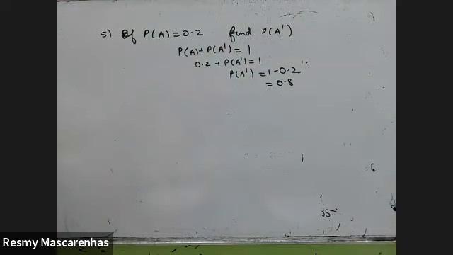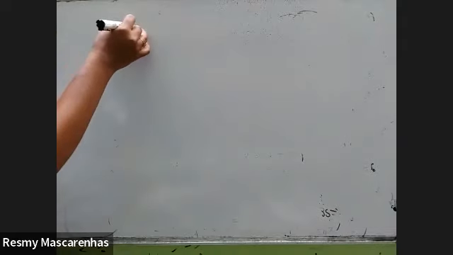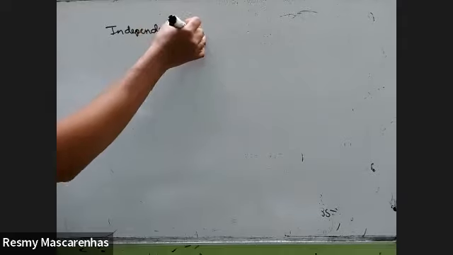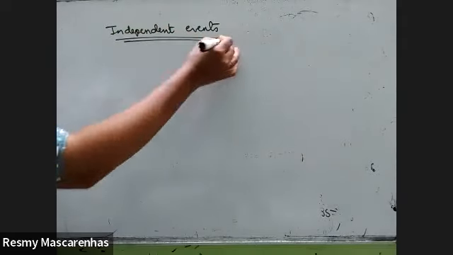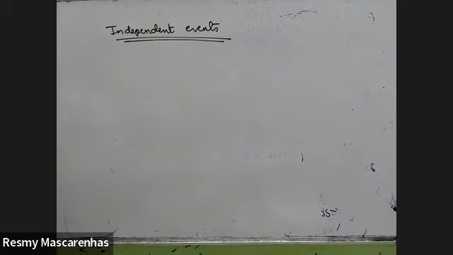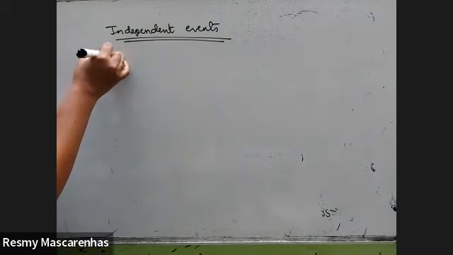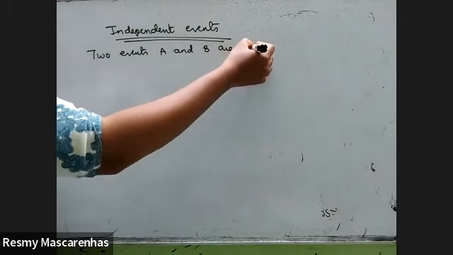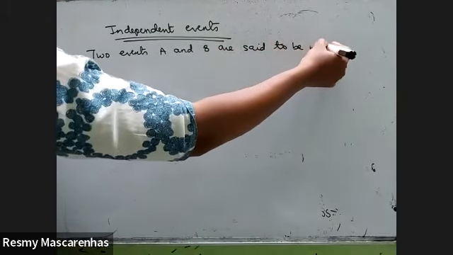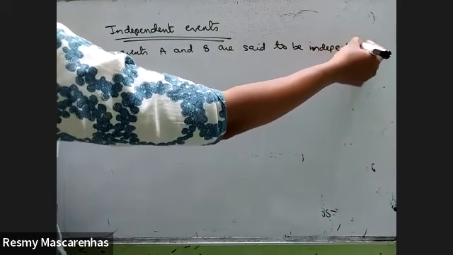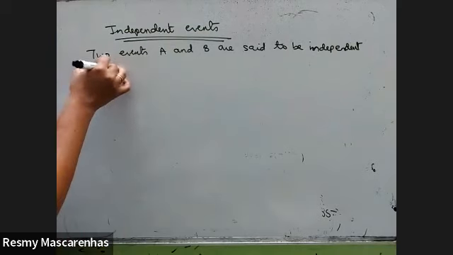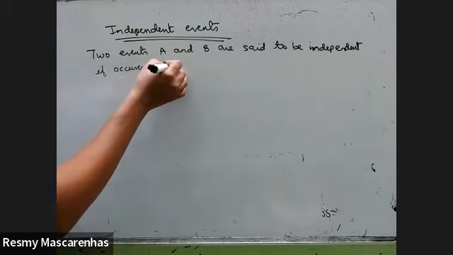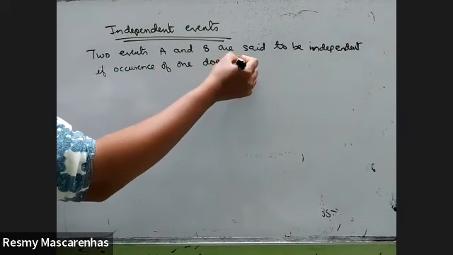Next topic is independent events. Any two events, A and B, are said to be independent if the occurrence of one does not depend on the other.